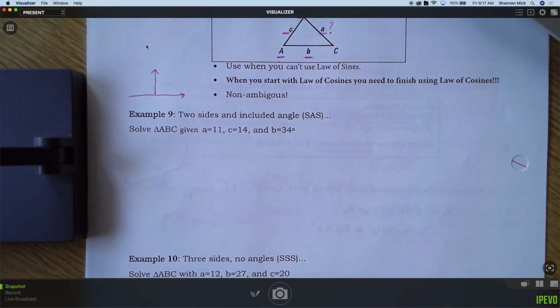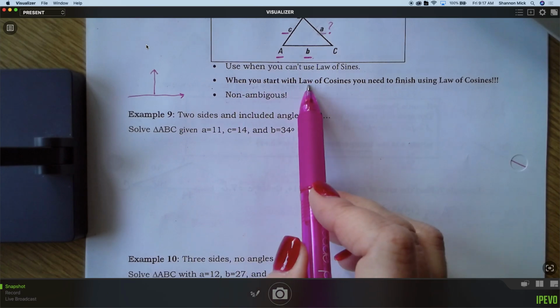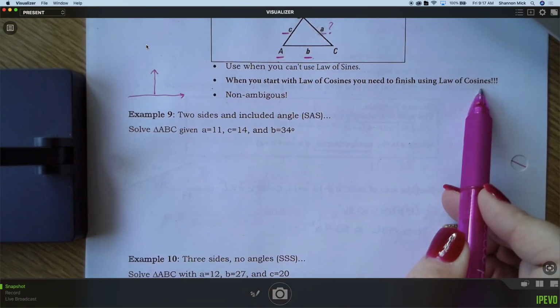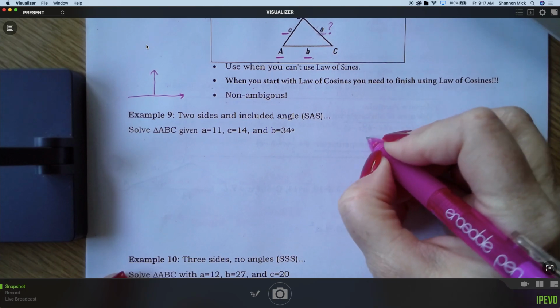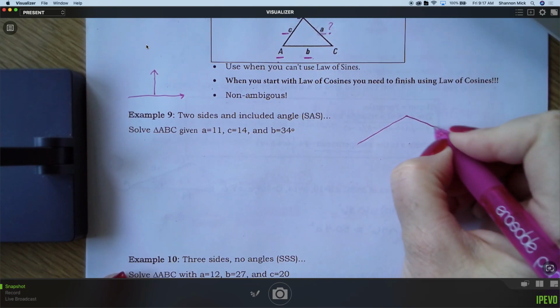Do you want to have to do that? No, it's just as easy just to stick with law of cosines to finish the triangle. Does that make sense? So when you start with law of cosines, you finish with what? Law of cosines. If I start with law of sines, I finish with what? Law of sines. But I don't ever have to tell people to stick with that one. Okay, so first thing I do is what? Draw my triangle.